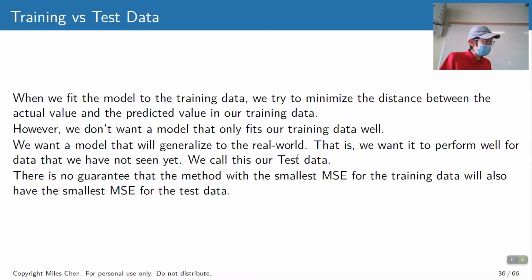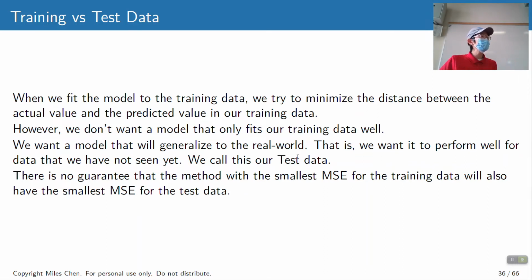We're going to talk about training data and test data. These are all just high-level introductions to some of these concepts, and we'll get into them shortly. When you have data and you want to figure out, does my model do a good job? We don't want to just be able to predict our training data well.